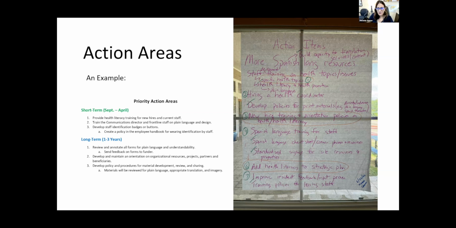The actions for all 10 organizations mainly centered around staff training on health literacy communication strategies, assessing their materials for plain language, improving signage for wayfinding, and providing language and interpreter services. Those were the 4 main highlights of what the different organizations would focus on.